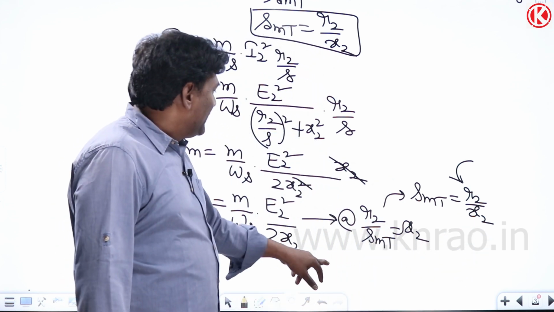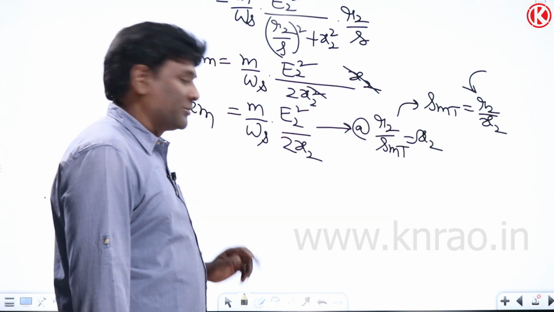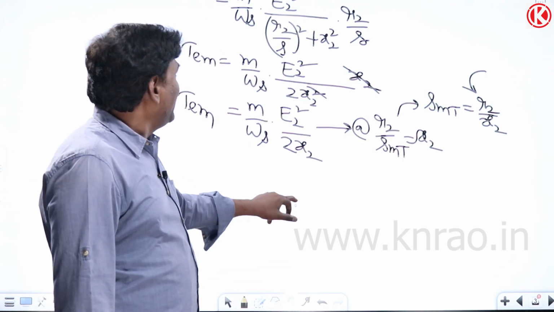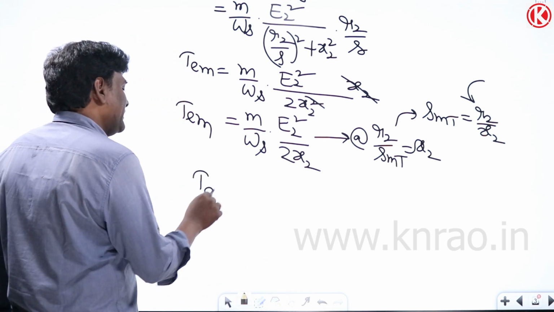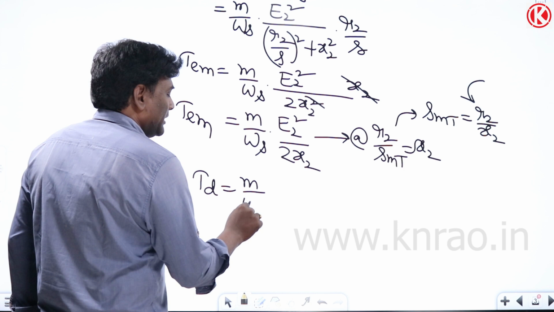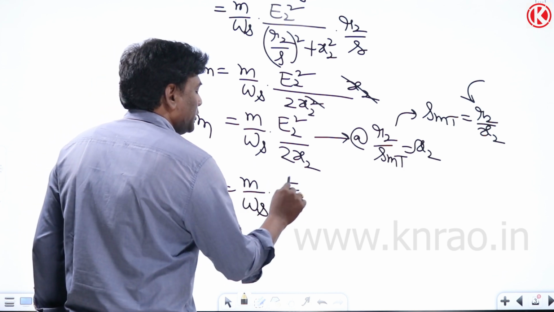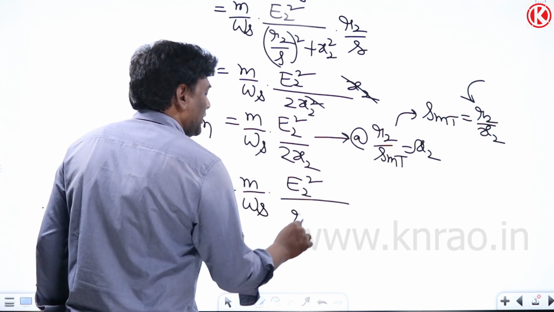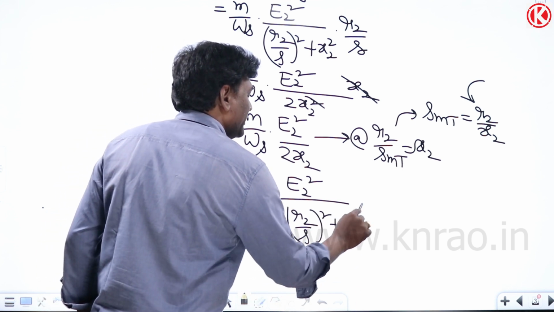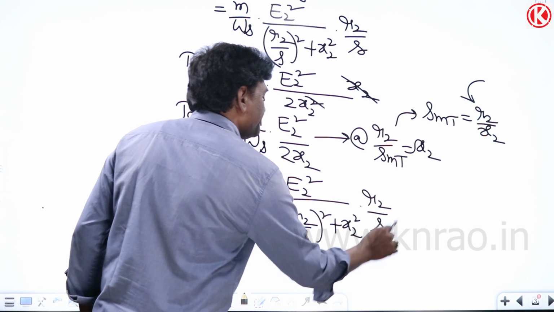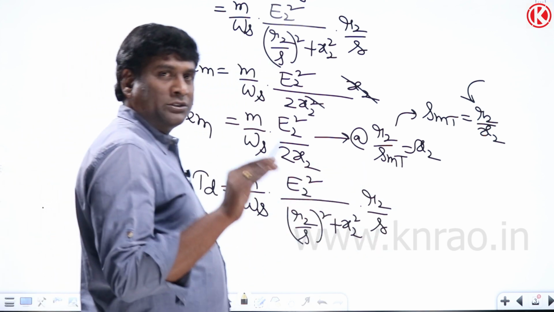Now this is the maximum torque. Let me think of normal running torque. TD or TE is going to be M by omega S into E2 square divided by (R2 by S) square plus X2 square into R2 by S. Just don't watch the video like that.